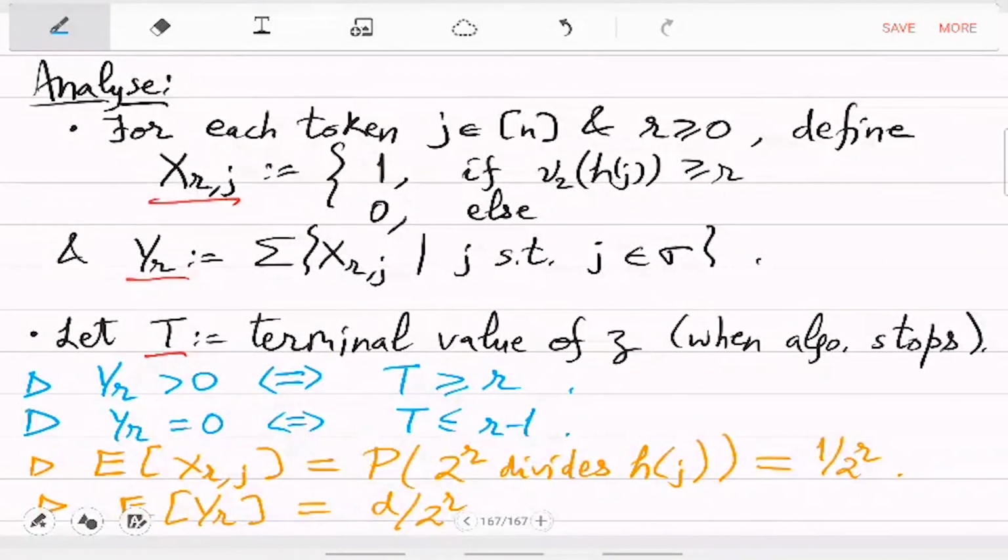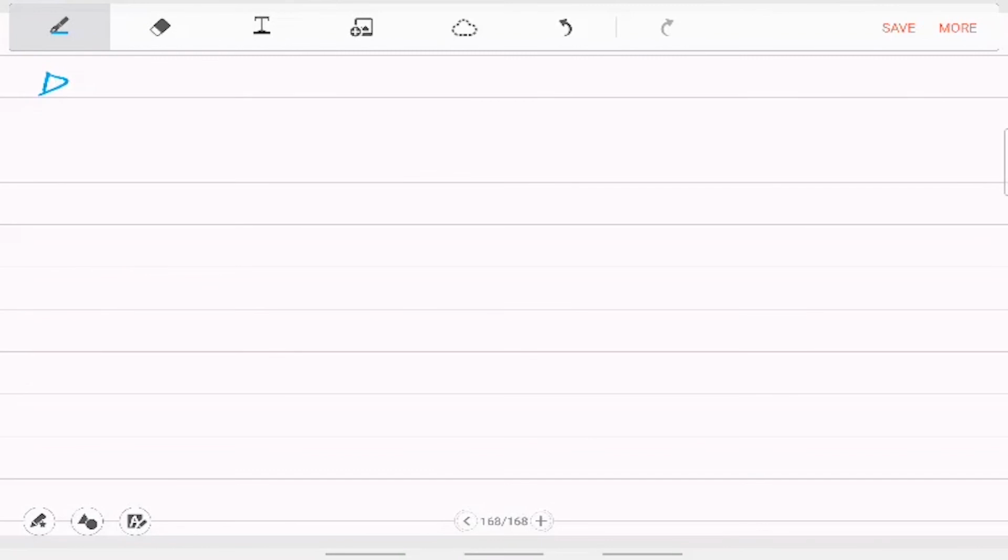Then to give the error probability of the algorithm, we will also need variance, because we will need concentration bounds. So, what is the variance of y_r? Because of the pairwise independence, we have linearity of variance.